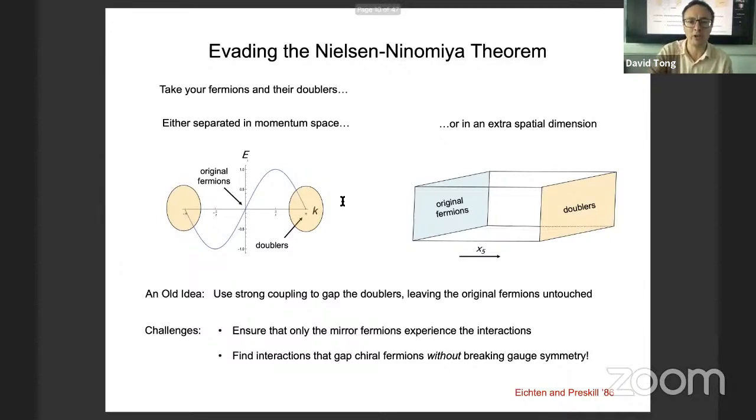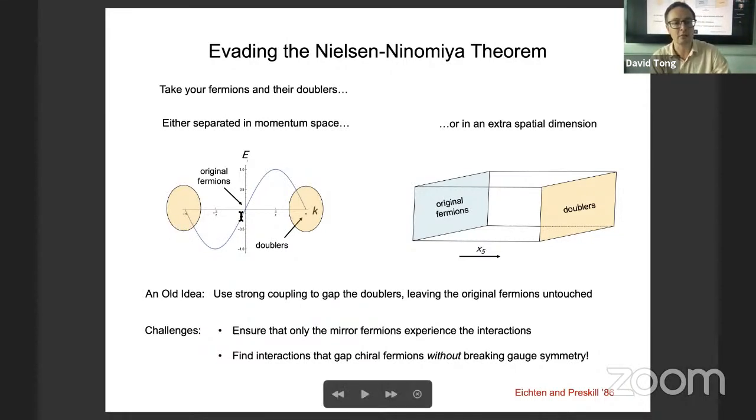one particularly obvious loophole is the following. The Nielsen-Ninomiya theorem actually relies on weakly coupled physics. In fact, you can see it here. This story that I've told you here, the whole language that I've used in terms of energy versus momentum is not the language of quantum field theory. It's the language of single particle quantum mechanics. As I stressed, it's Dirac's old picture of solving the Dirac equation.